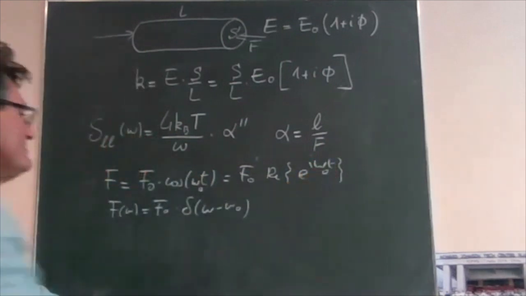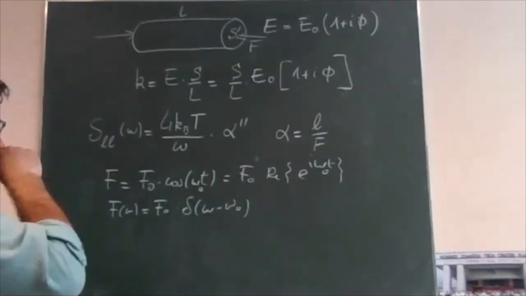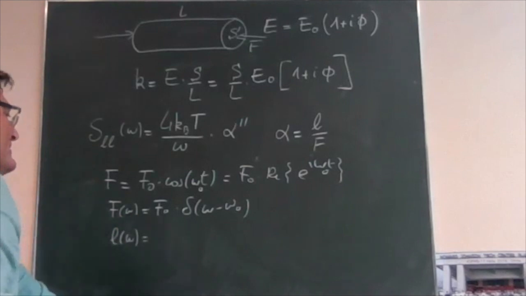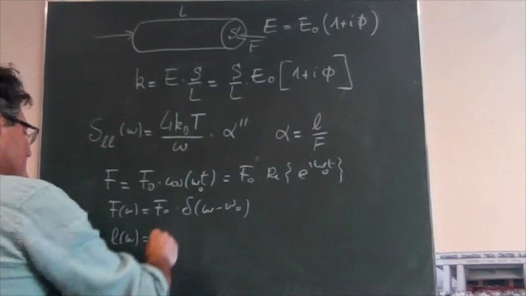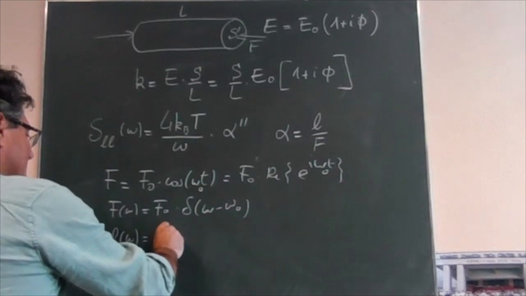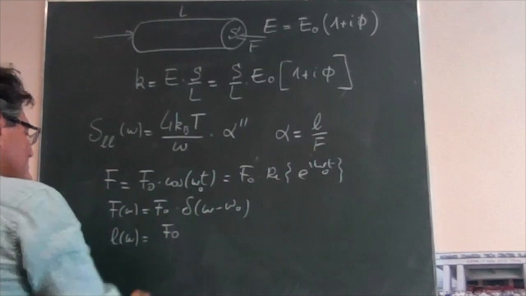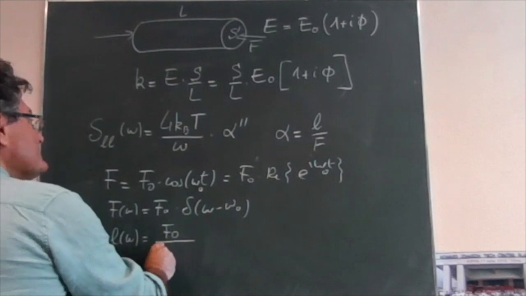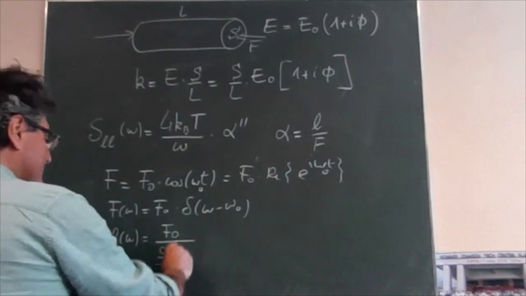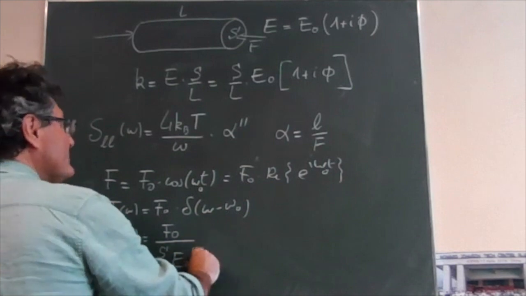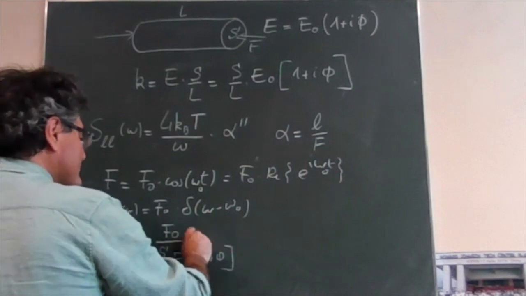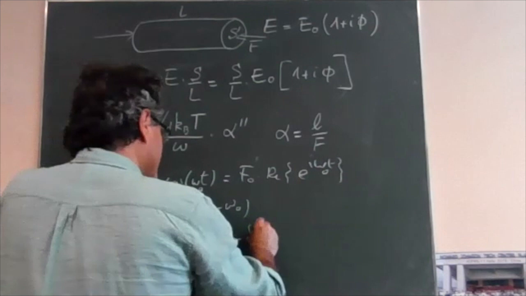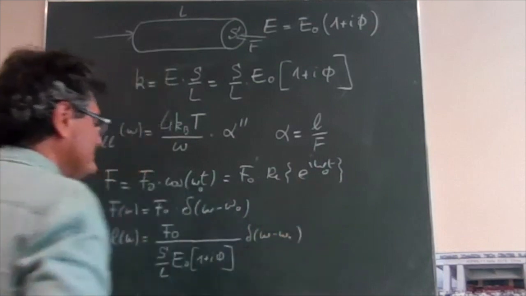And then the length is a response to it. This is F0 divided by the spring constant, so S by L, E0, 1 plus i phi, times delta of omega minus omega 0.